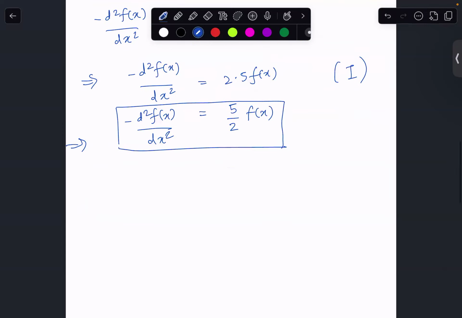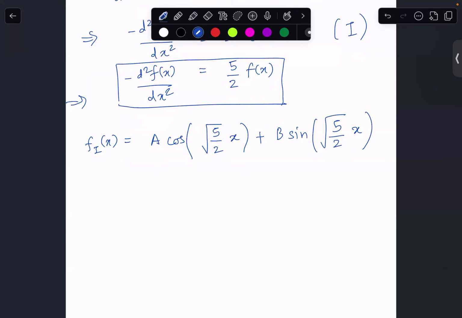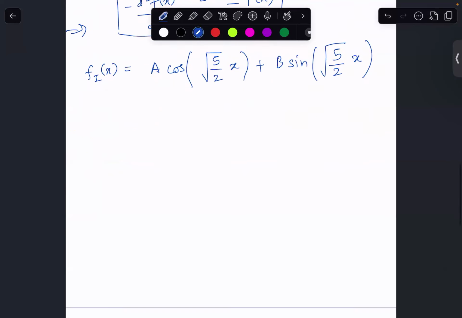Now the standard solution to this differential equation, since there is a negative sign here, we can write our f of x in region 1 as something of the fashion a cos of square root of 5 upon 2 x plus b sine of square root of 5 upon 2 of x, where a and b are both unknown constants. Let me call this equation 1.